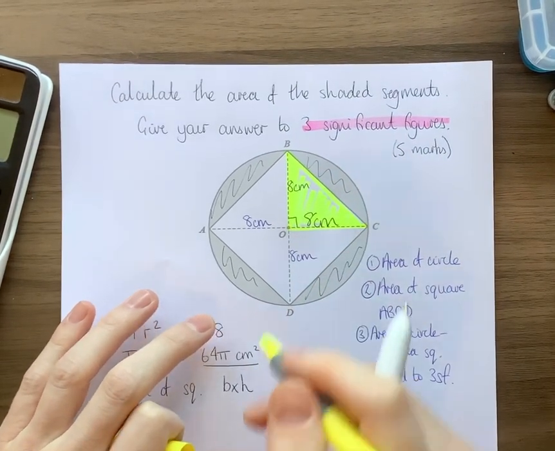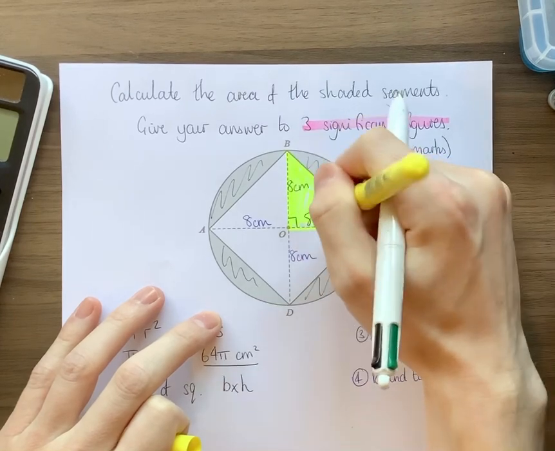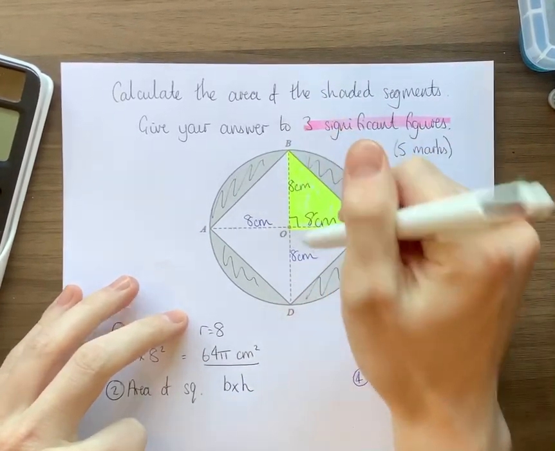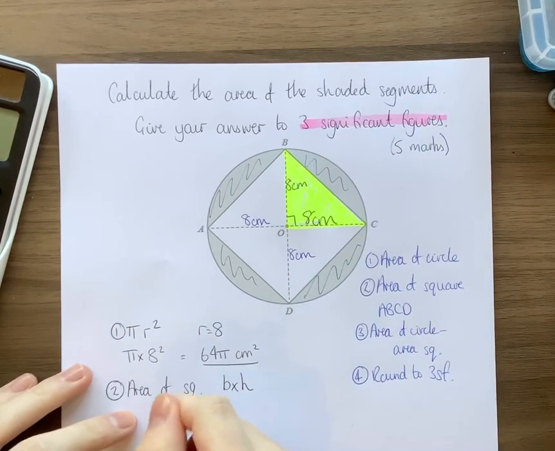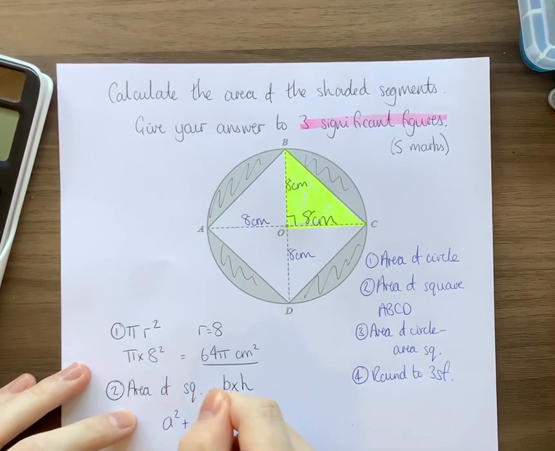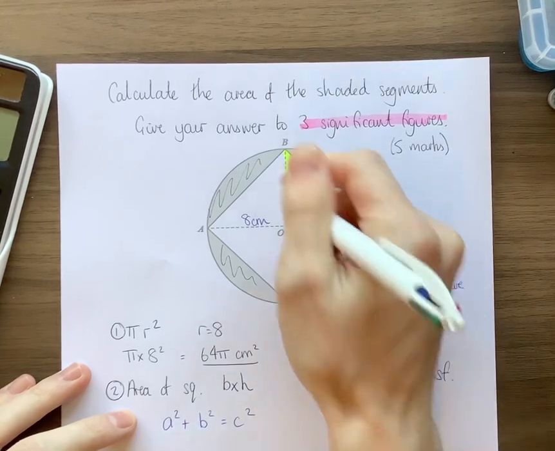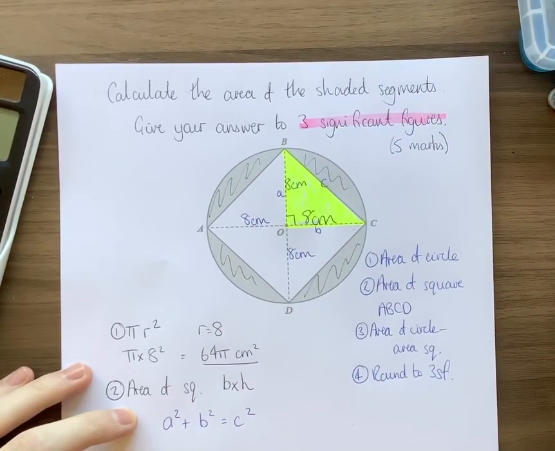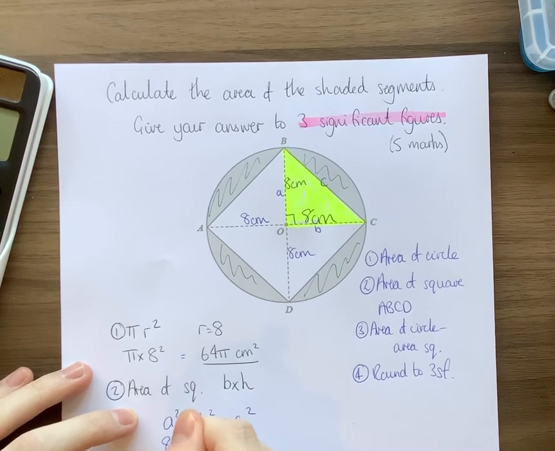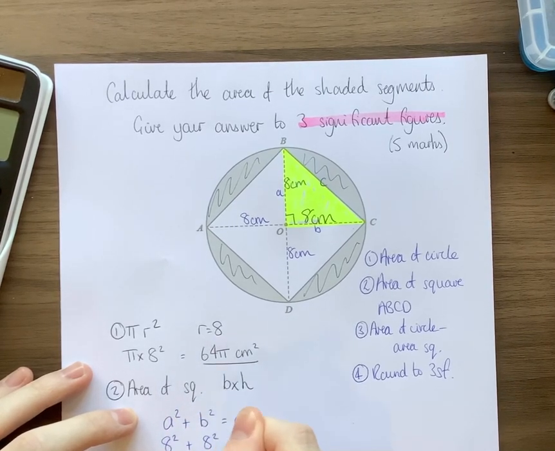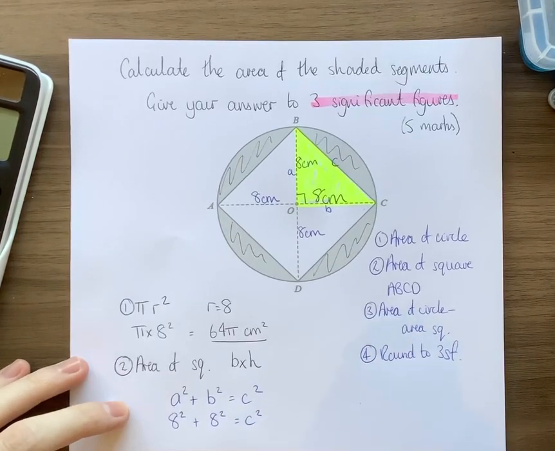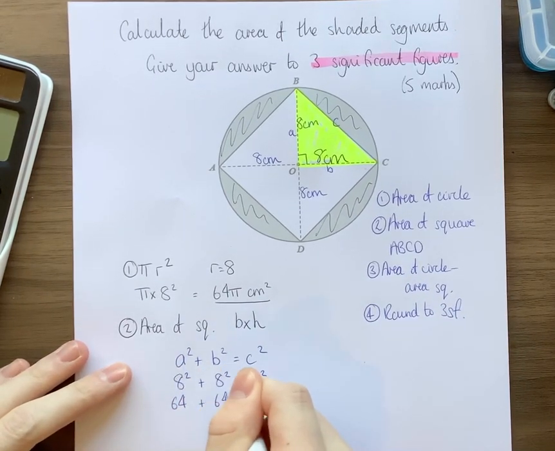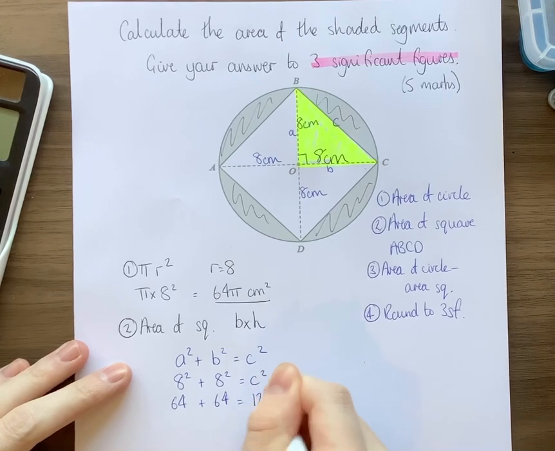Now, I know 2 of the side lengths in this right-angled triangle. They're both 8. So in order to work out this, I can use Pythagoras. So I've got a squared plus b squared is equal to c squared, where a and b are the shorter sides, and c being the hypotenuse. So I've got 8 squared plus 8 squared equals c squared. Okay, so 64 plus 64 equals 128.